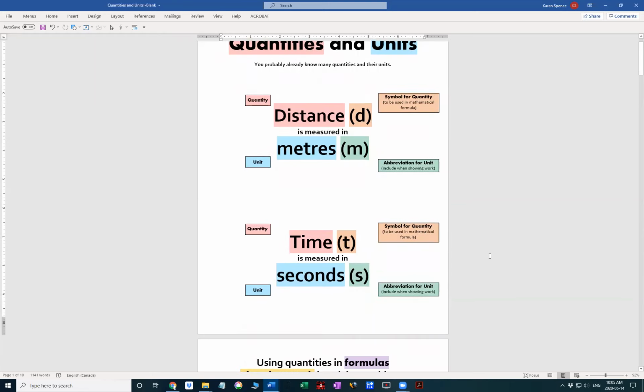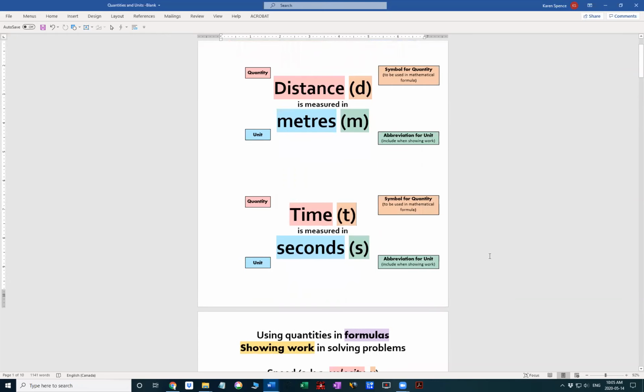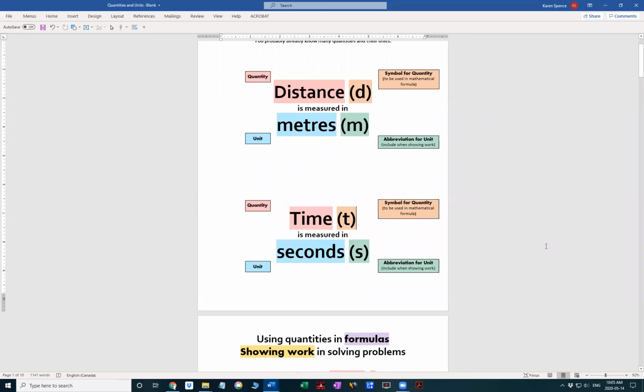Okay, so we're going to do something with distance and time. Can anyone think of something that we could calculate using the distance and the time? Maybe something you've calculated in math class or something like that.